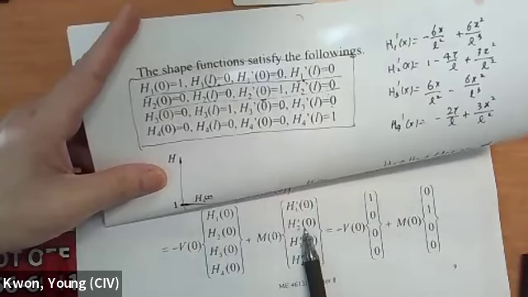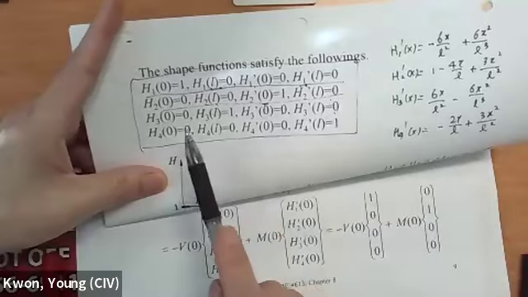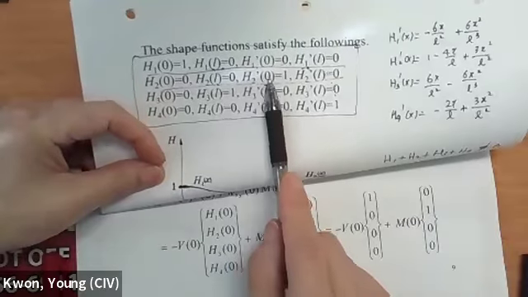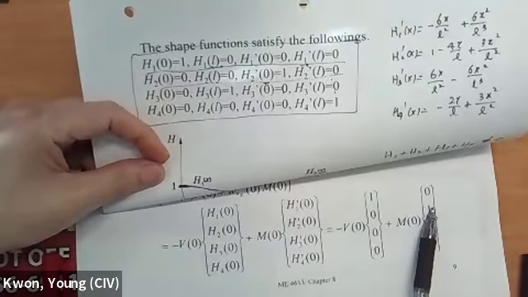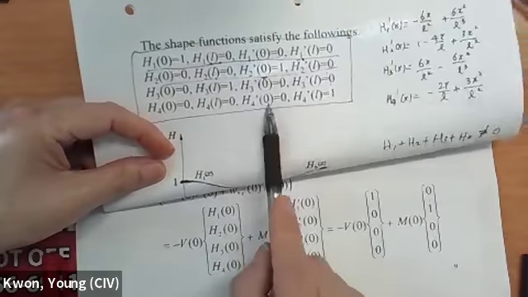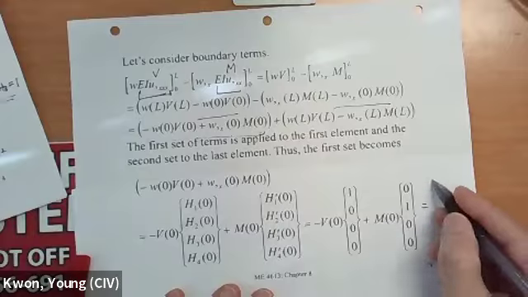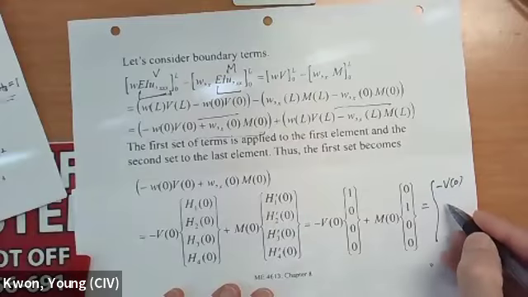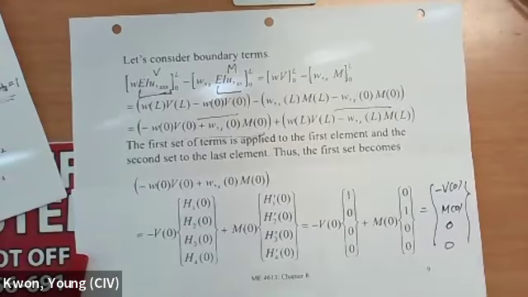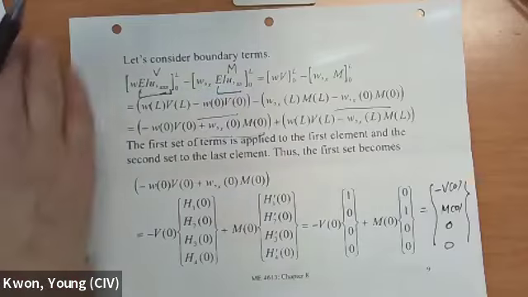H2 derivative at 0 is 1. H3 derivative at 0 is 0. H4 derivative at 0 is 0. So if you put it together, this is going to be minus V0 and minus M0, with 0 for the others.